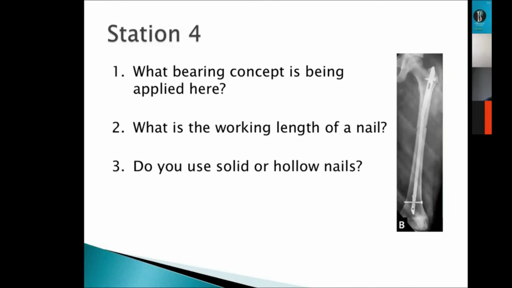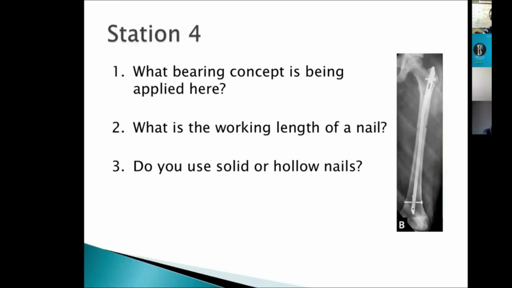Oh, okay. So that's important to bear in mind with the working length of a nail. That's why you want as much contact in the isthmus. One, you put a bigger nail, just stiffer. Two, you've got as much bony contact as possible as well.